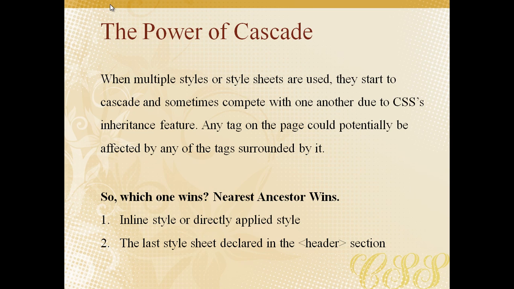Any tag on the page could potentially be affected by any of the tags surrounding it. In that case, which one wins? Nearest ancestor wins. Inline style or directly applied style has got the highest priority than the style sheet declared in the head section.